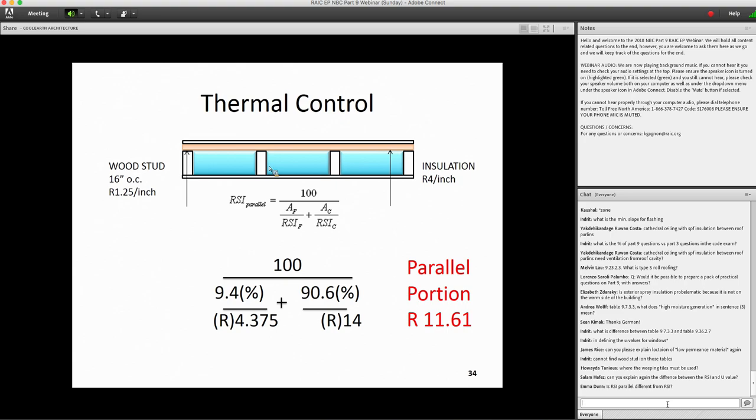That's why you calculate that. Can we do more examples with R value calculations with different assemblies? I don't think we have time to do that. Let me go through the other ones, and I can provide you with a couple of options afterwards. But I don't think we're going to do that now.